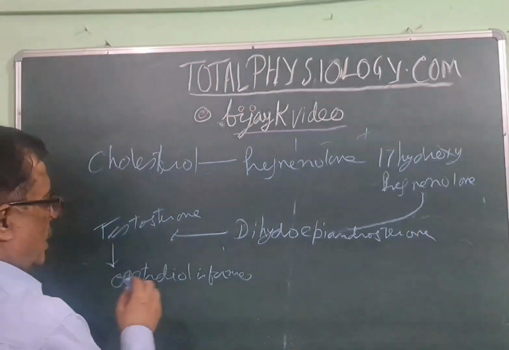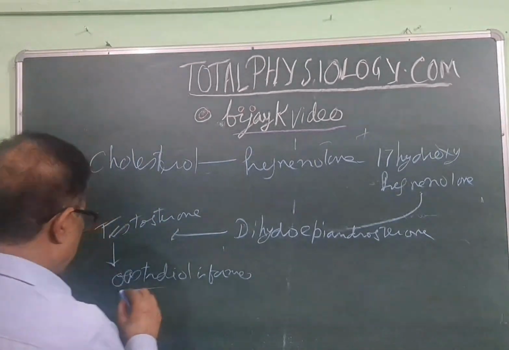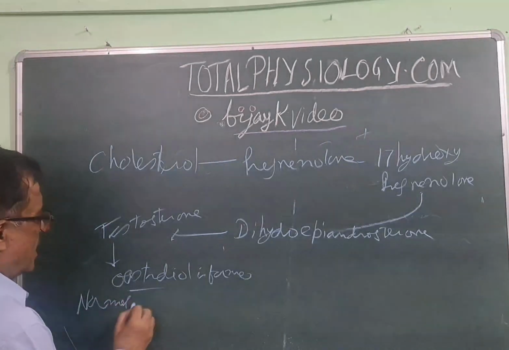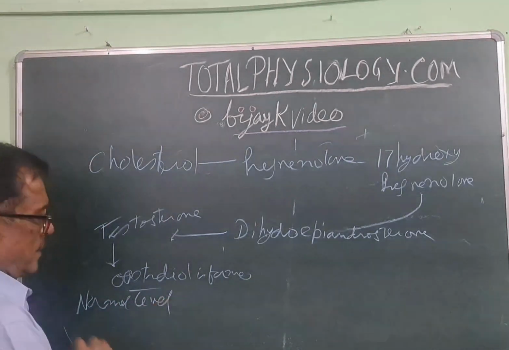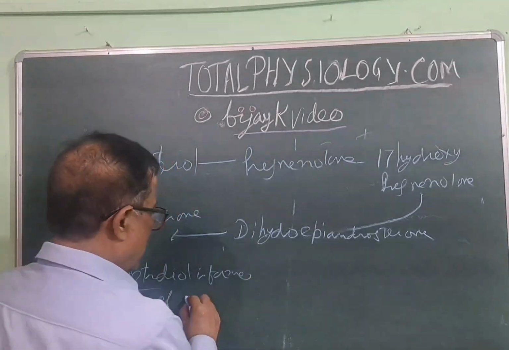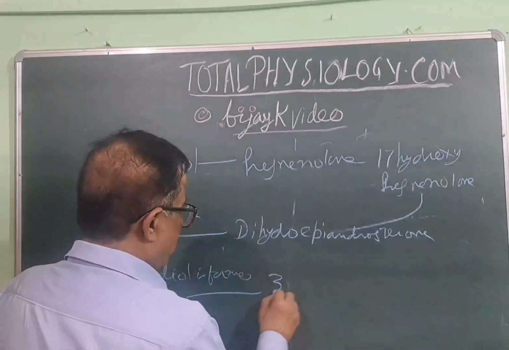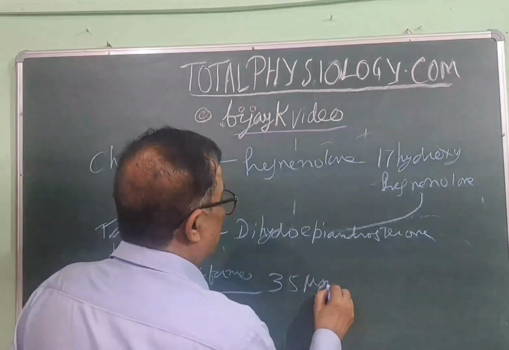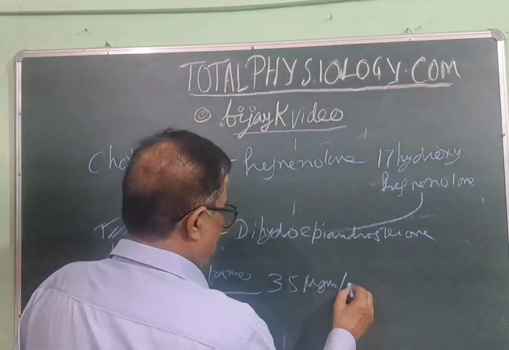Now coming to normal levels. What are the normal levels? Before puberty, only less than 35 microgram per day.